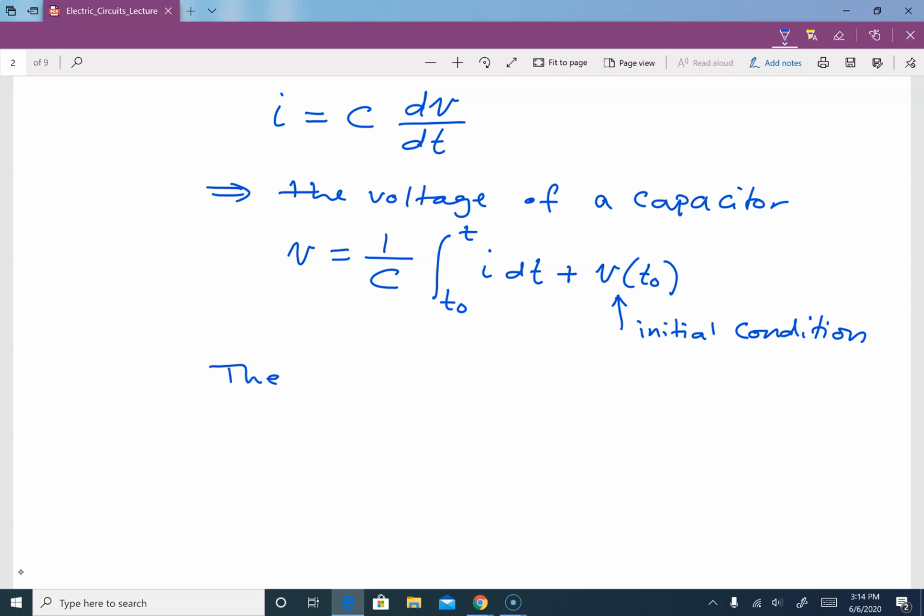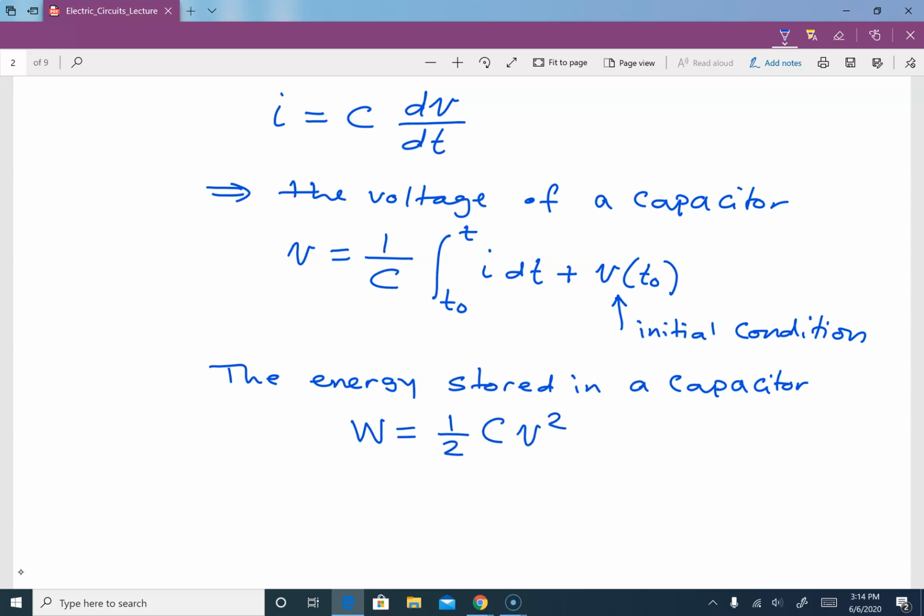The energy stored in a capacitor can be determined as 1/2 times C times V squared.